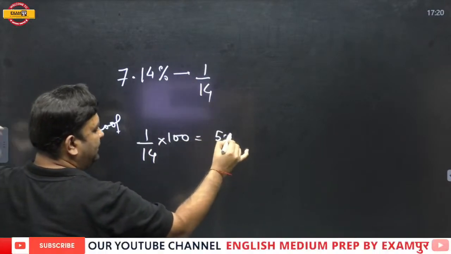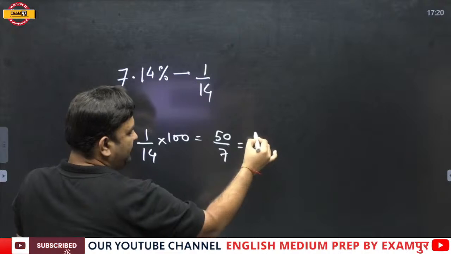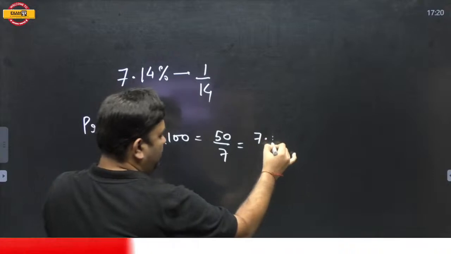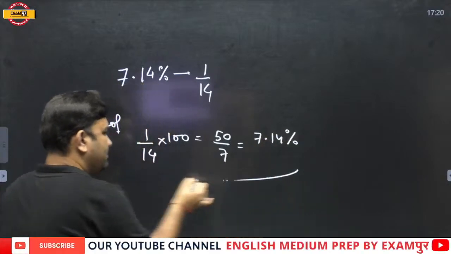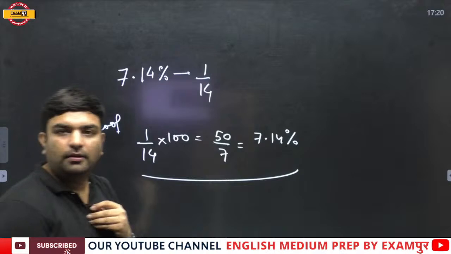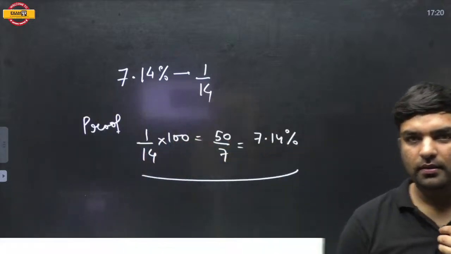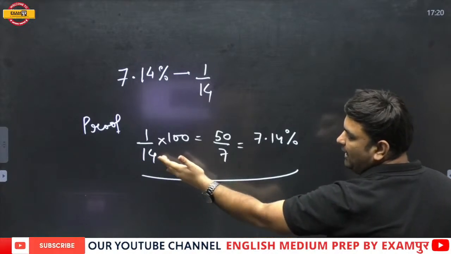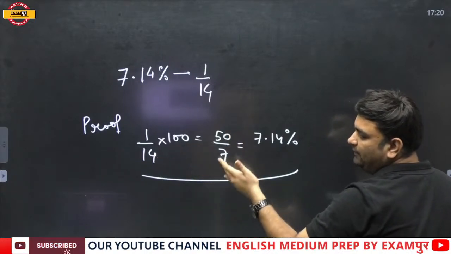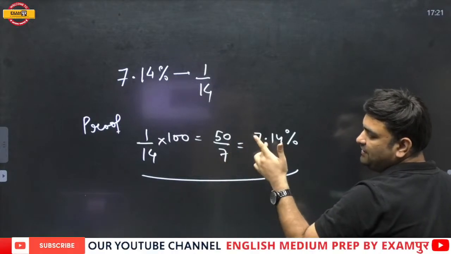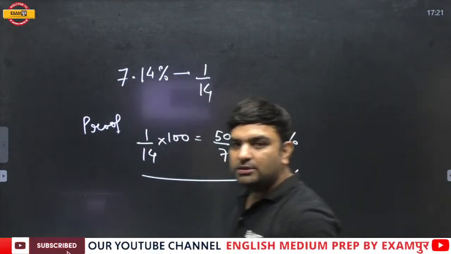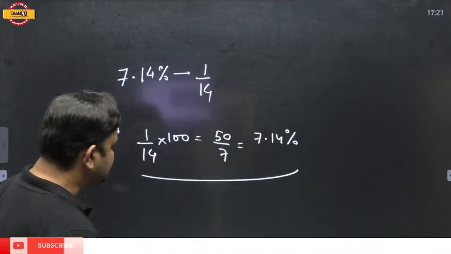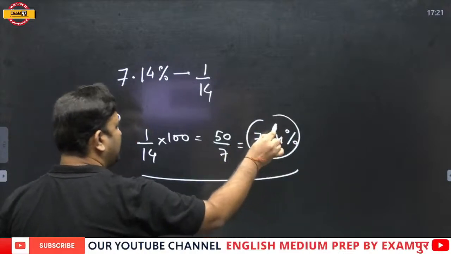It will become 50 by 7. 50 by 7 is 7.14%. So 7.14% is 1 by 14.